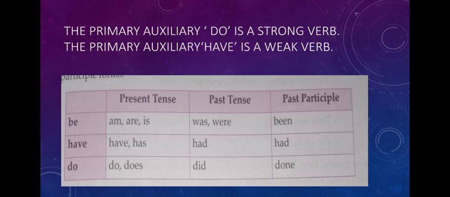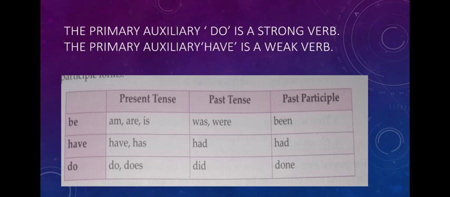They do not follow a fixed pattern. The forms of do are do in the plural, does in the singular. In the past tense it is did, and the past participle is done.